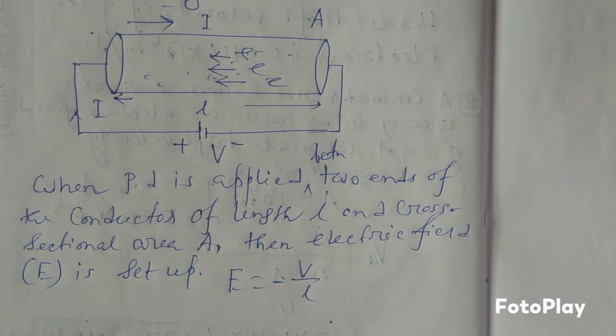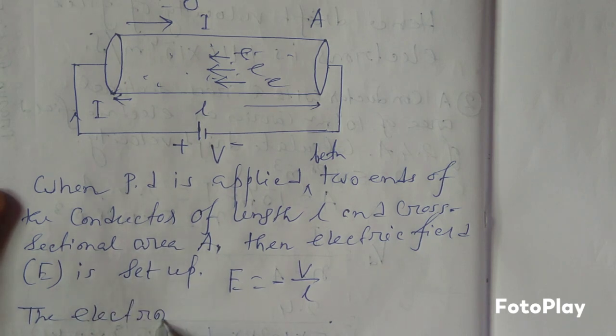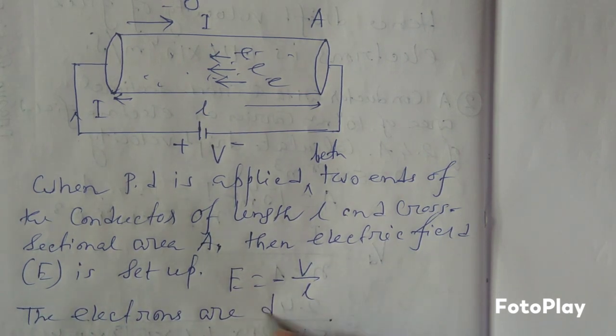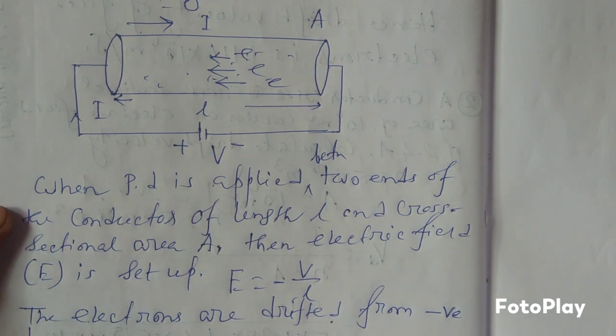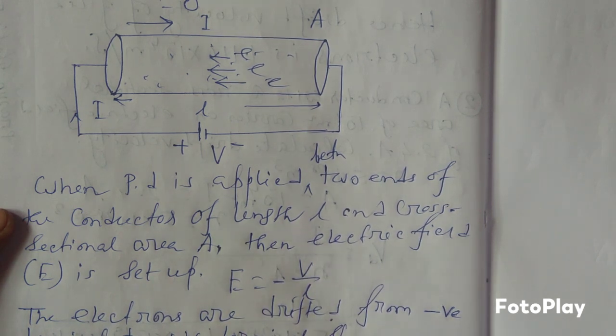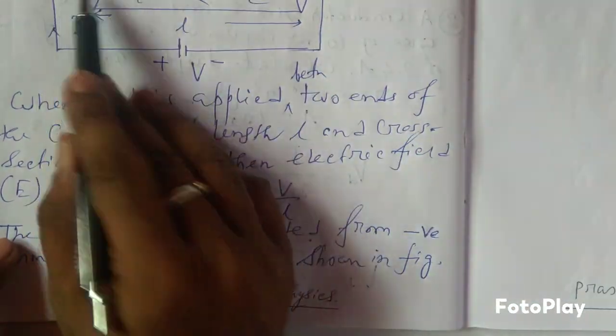So the electrons are drifted from the negative terminal to the positive terminal, as shown in the figure. Electrons drift from this side.